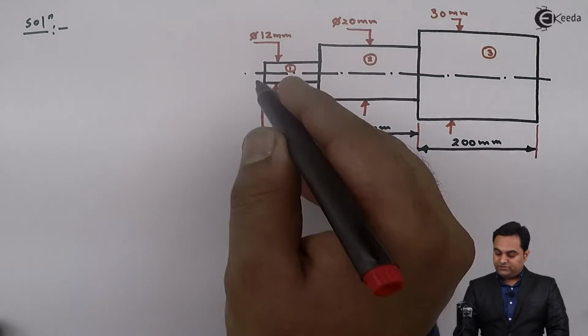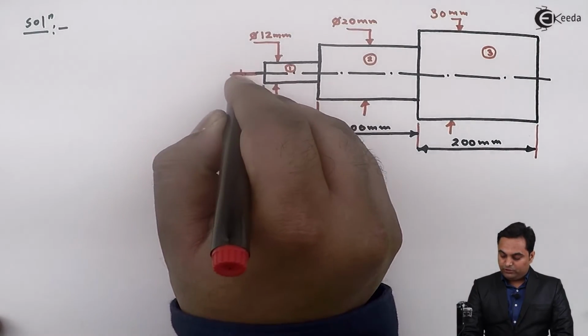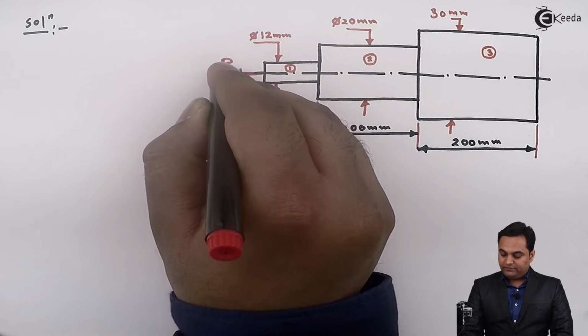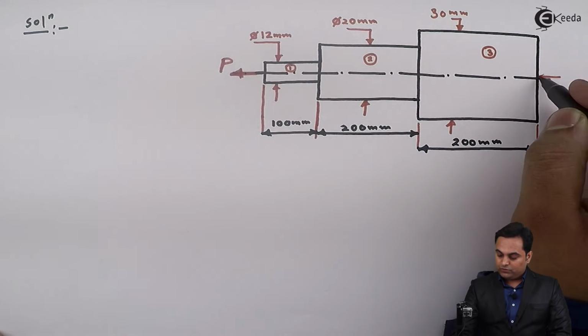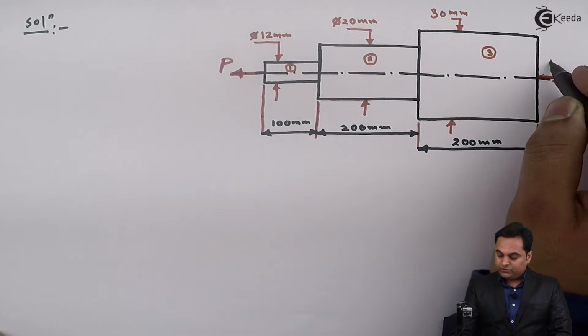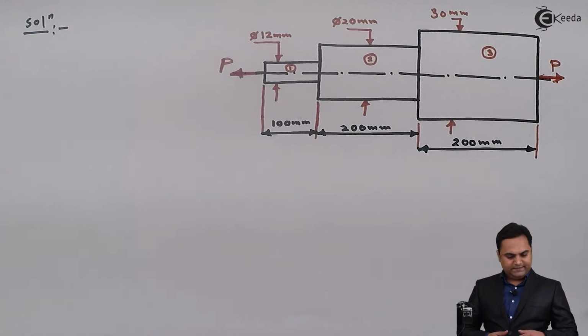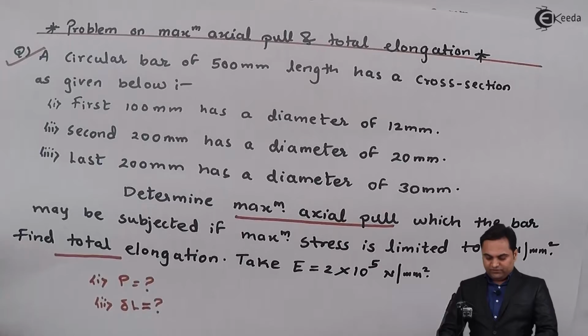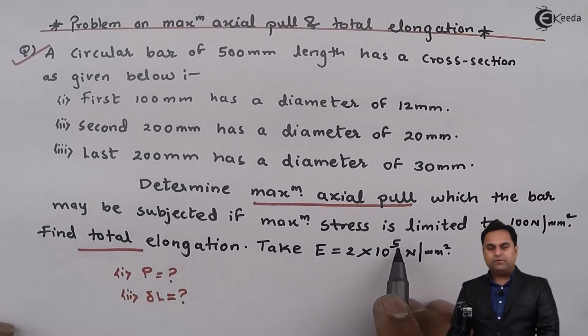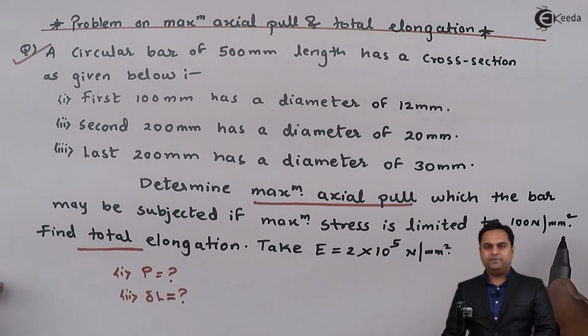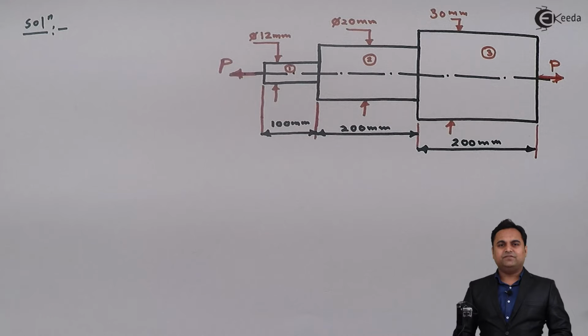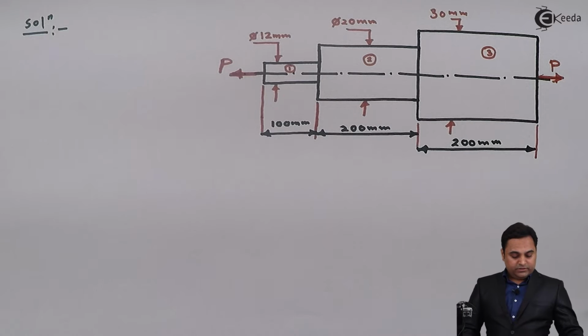So here it is mentioned that this bar is being pulled by applying tensile force on both the sides. So this is a pull type of load here. Next, to which the bar may be subjected if maximum stress is limited to 100 Newton per mm square. So sigma max is given, that is the maximum stress.